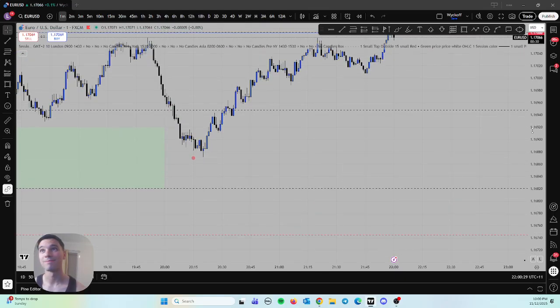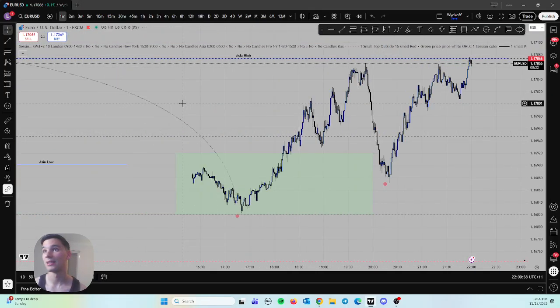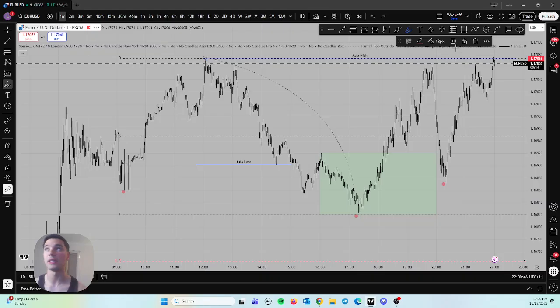You'd honestly have to go on the 30 seconds to enter on this, because this is not valid. Look at this. So that's our orange high. I'll mark that for the sake of the exercise.